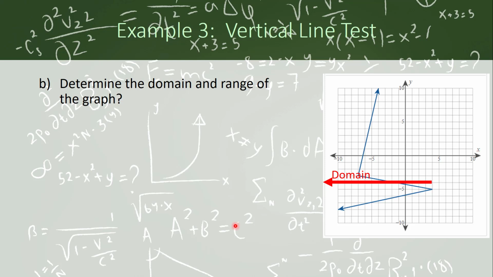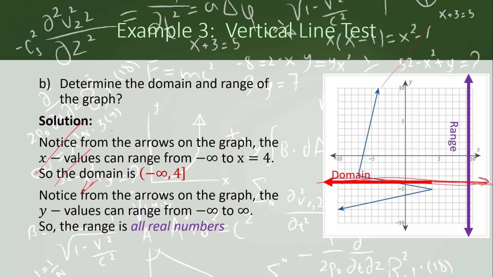we probably could say that since this is going all the way up forever and ever and ever in that direction, this domain could cover all real numbers. And clearly the range does cover all real numbers because we're going all the way up in this direction, and all the way down in that direction. So there we are.